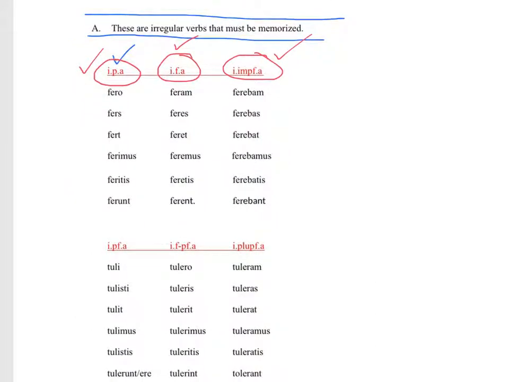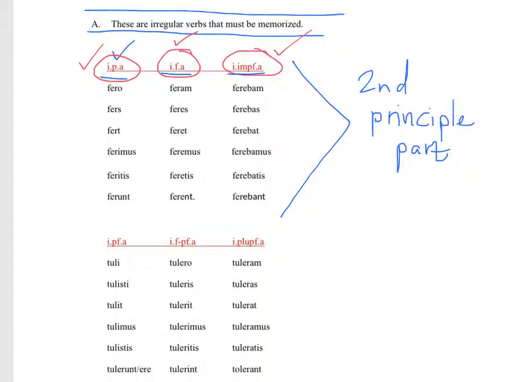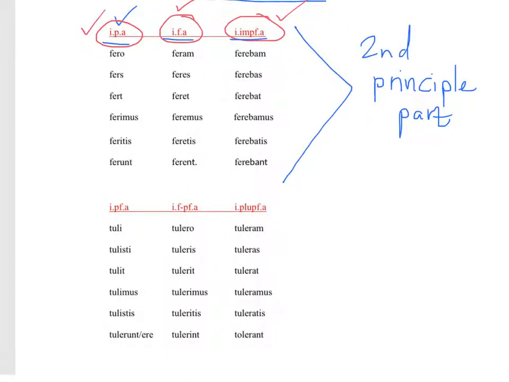I've lumped these three forms together because they're the forms that use the second principal part. Not just for this irregular verb, but for all verb conjugations. These three tenses, the present, the future, and the imperfect, use the second principal part, whereas the ones below are ones that use the third principal part.